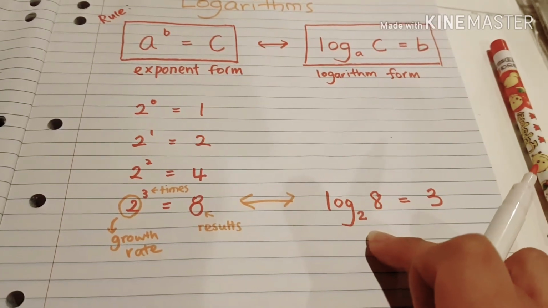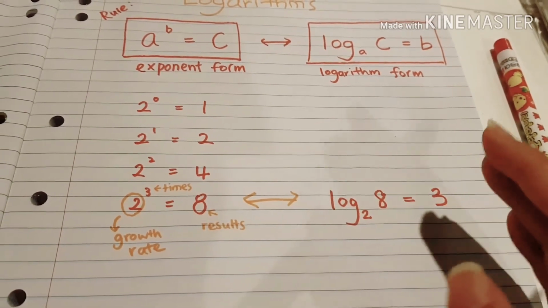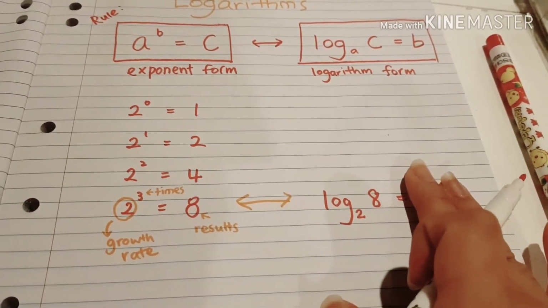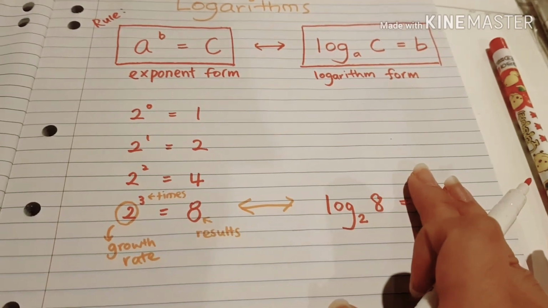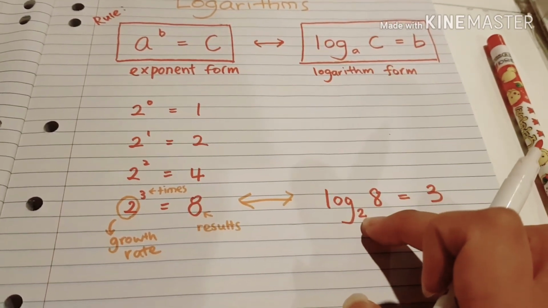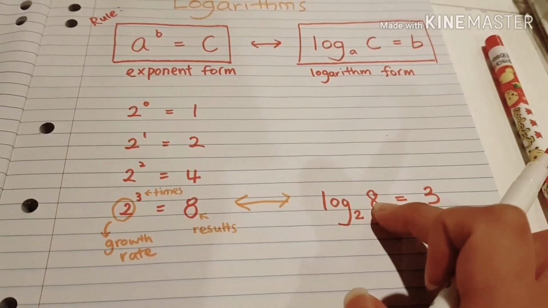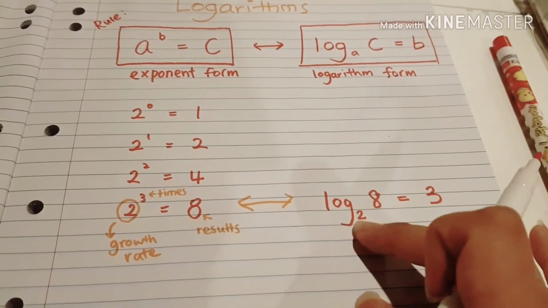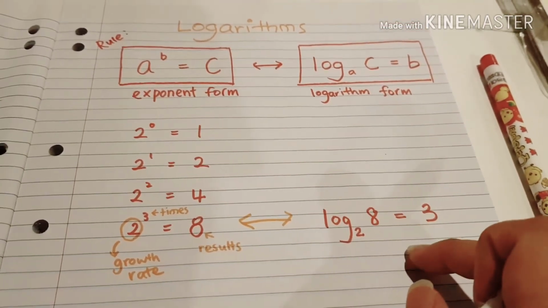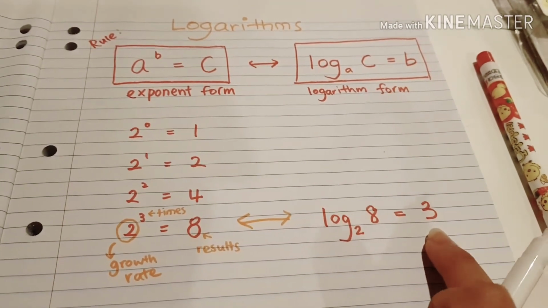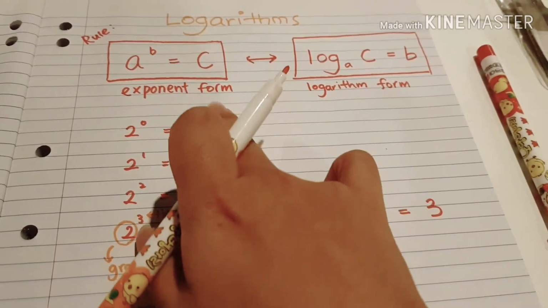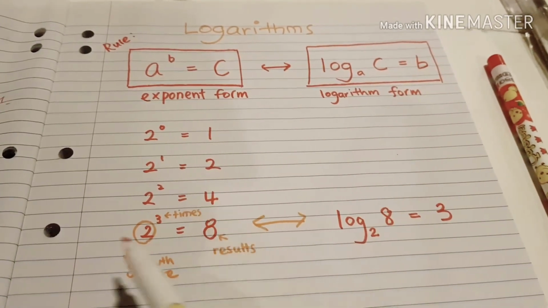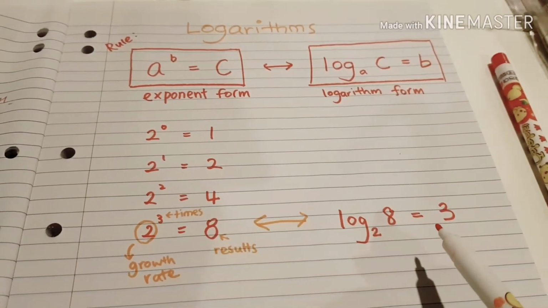So it's asking, how long did it take from the growth rate to get to the end point, which is 8? 3 times: 2 times 2 times 2, which is 8, right? So yes, this can be linked back to the exponent form according to the rule. So easily we can change this exponent form into logarithm form.